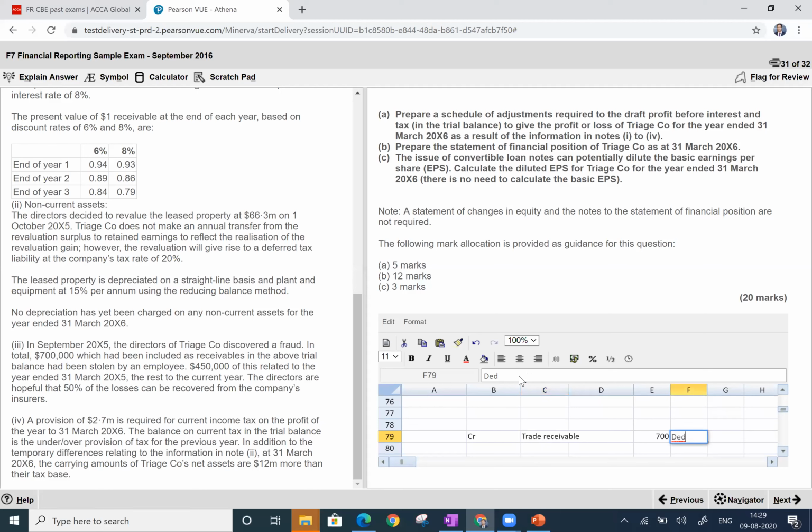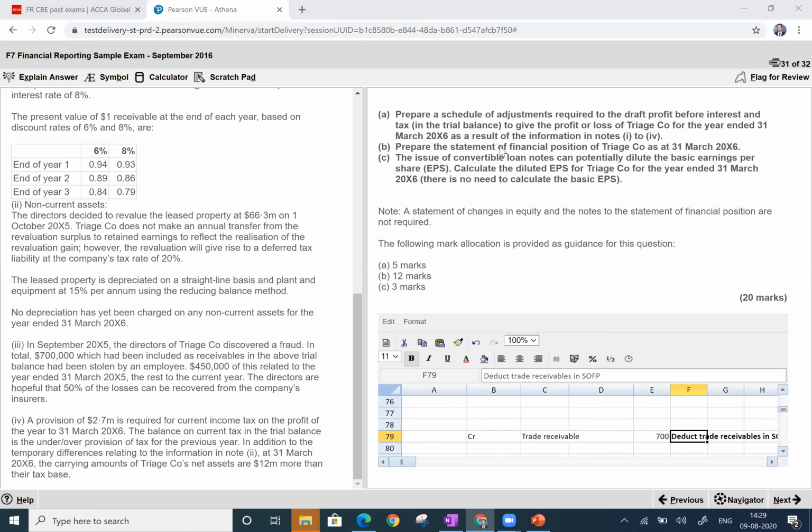That is, deduct trade receivables in SOFP. Now, no need to write the journal entry unless you are asked, but you show the treatment: deduct trade receivables in SOFP.